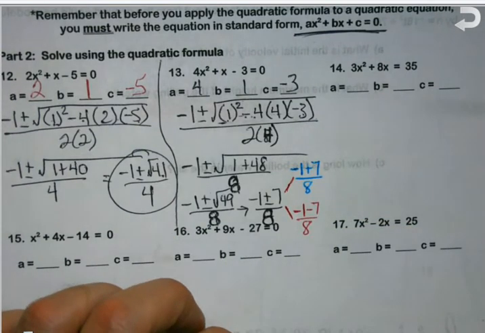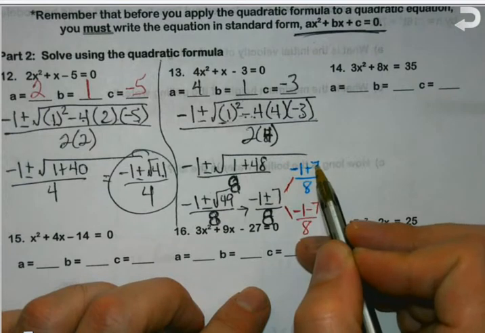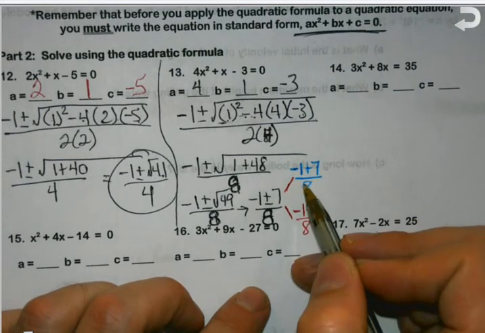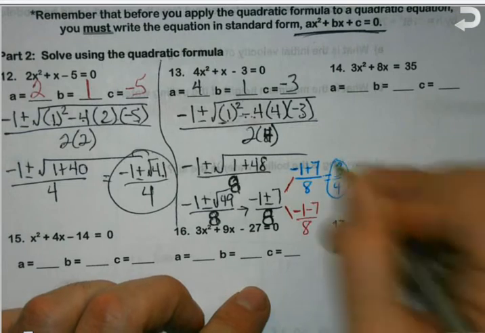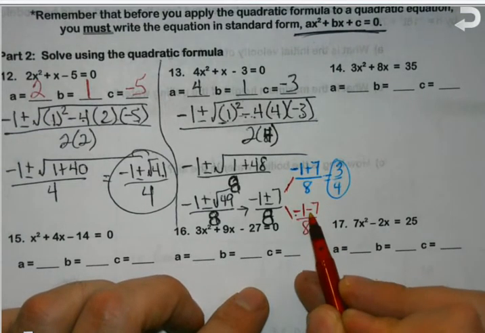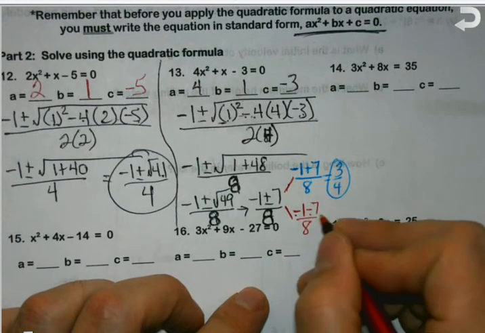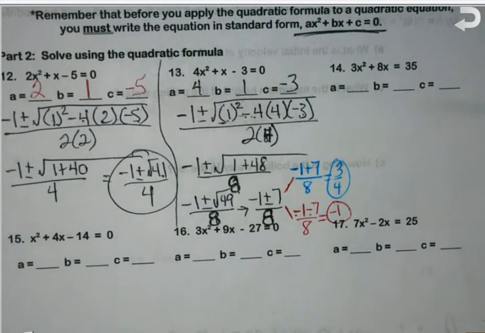And I can actually come up with the solutions. Negative 1 plus 7 is 6. 6 over 8 reduced is 3/4. Negative 1 minus 7 is negative 8. Divided by 8 is negative 1.